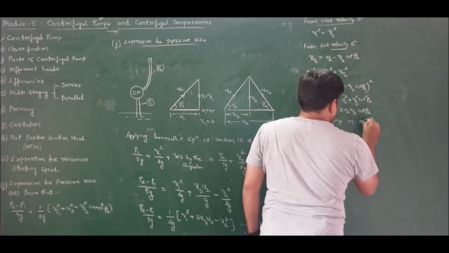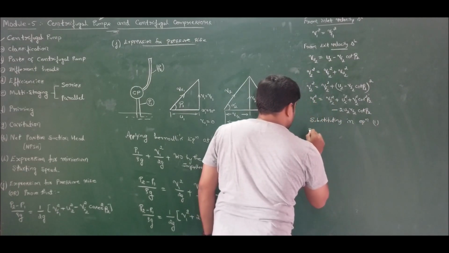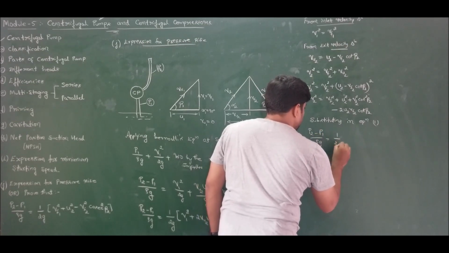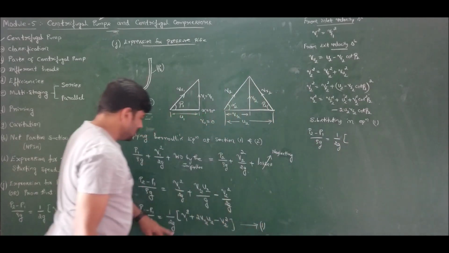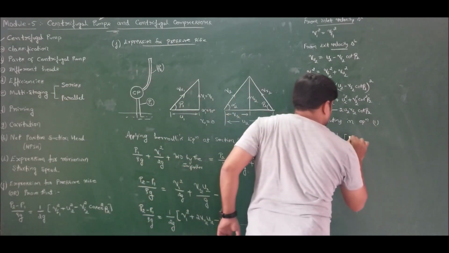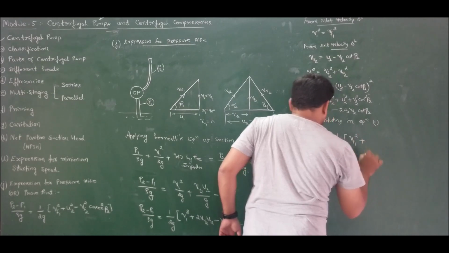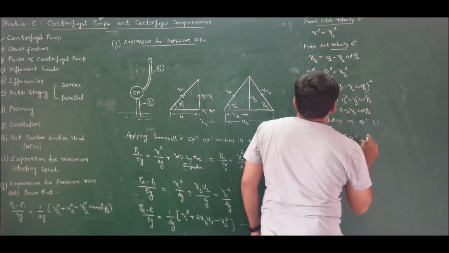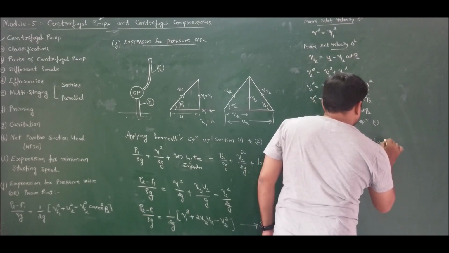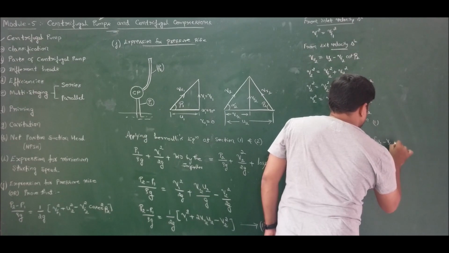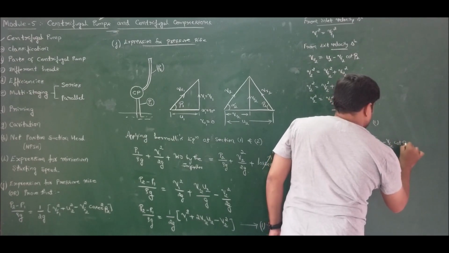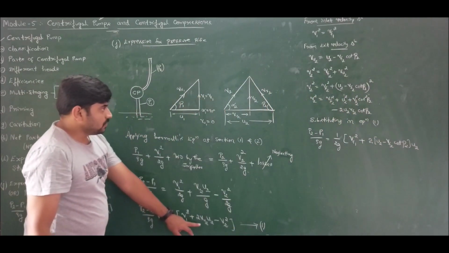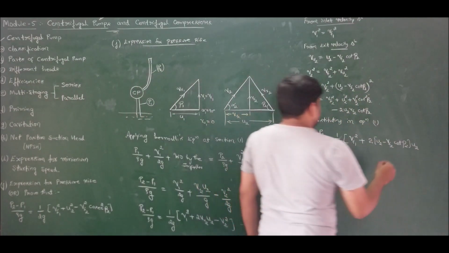Substituting in equation 1, we have P2 minus P1 by rho g is equal to 1 by 2g V1 square. V1 square is Vf1 square plus 2 Vu2 U2. So 2 times Vu2 is U2 minus Vf2 cot beta 2 into U2. 2 Vu2 U2 minus V2 square.